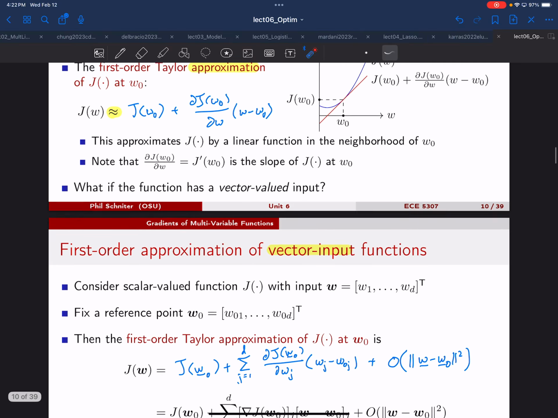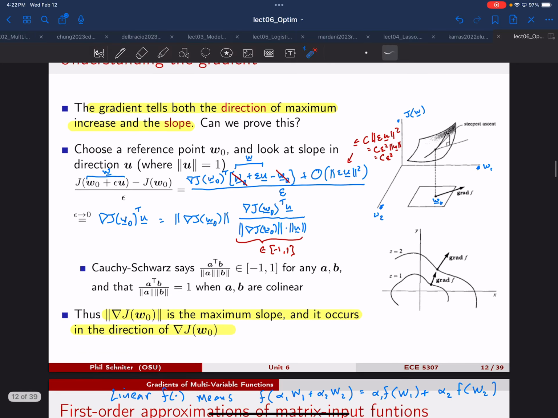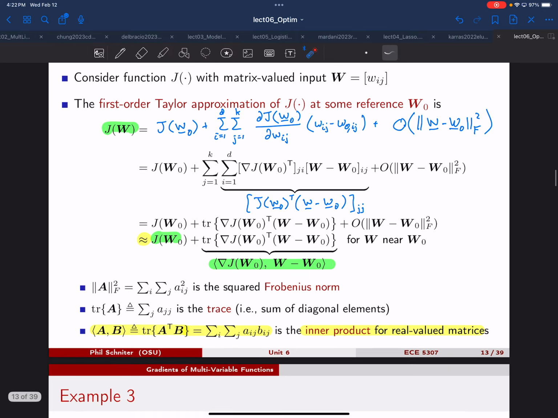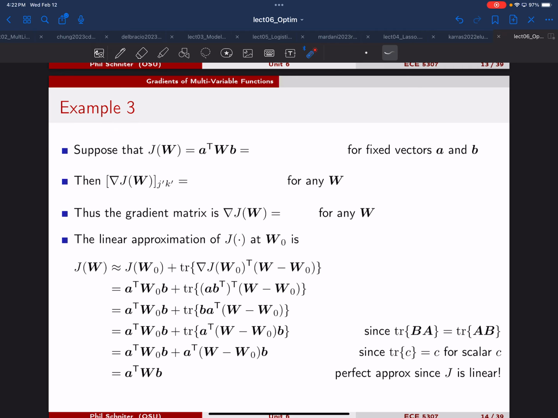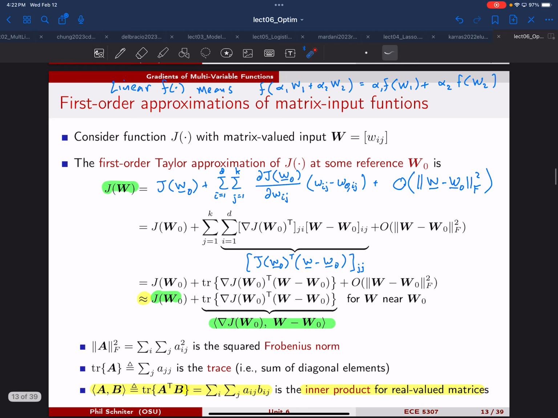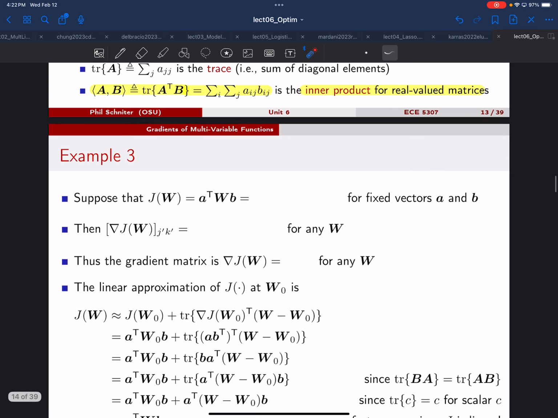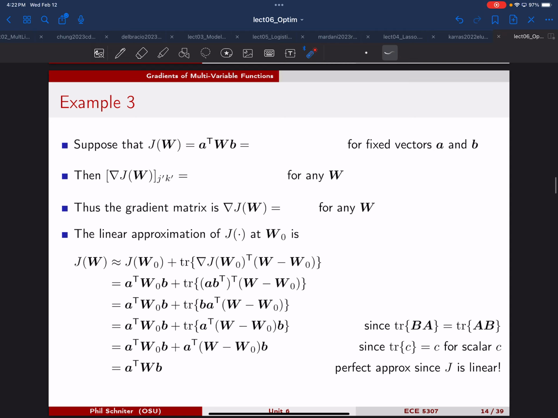Okay, excellent. So we have our different ways of doing the approximations, and now let's do an example of this first order approximation of matrix input functions. So it's kind of a contrived example, but it allows us to do a little bit of linear algebra as well. So this is going to be the function we're going to look at.